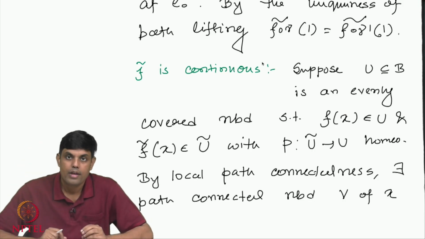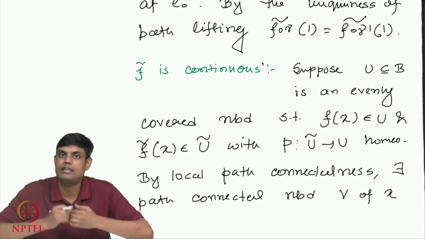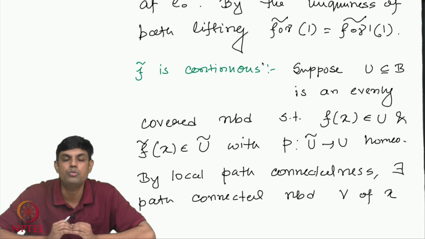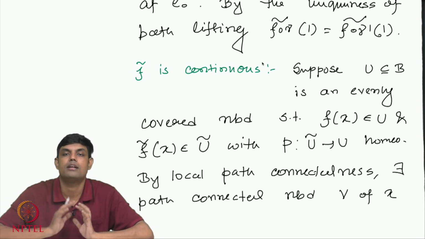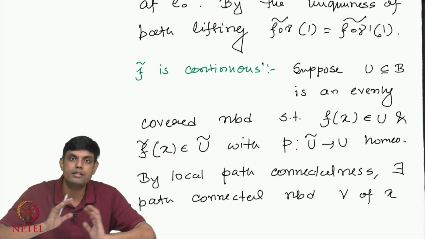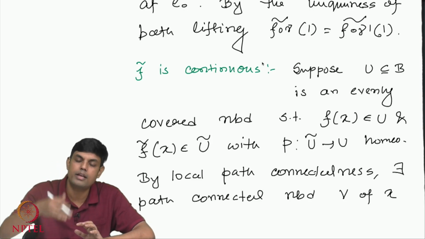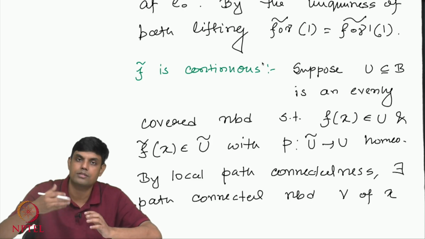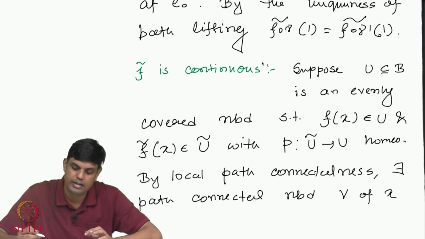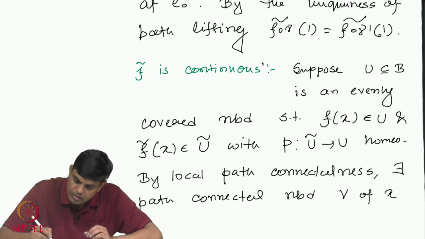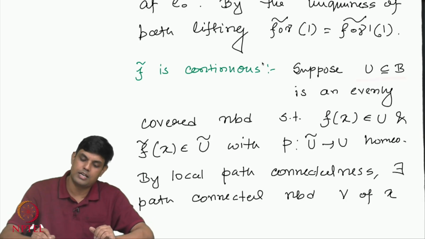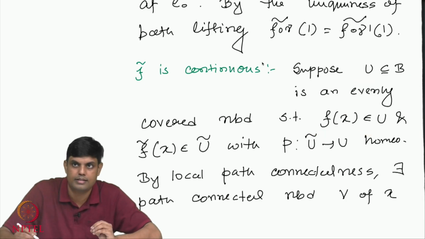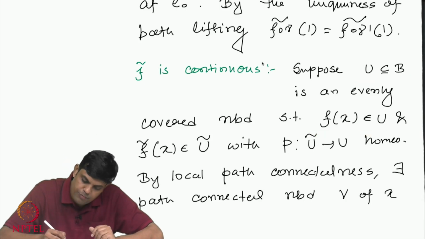Now, to check that f tilde is continuous, all I have to do is make sure that f tilde agrees with this construction locally. It should agree with p inverse, and then the continuity of p inverse locally will tell me that f tilde is continuous. So suppose U is an evenly covered neighborhood of f x, and f tilde of x.